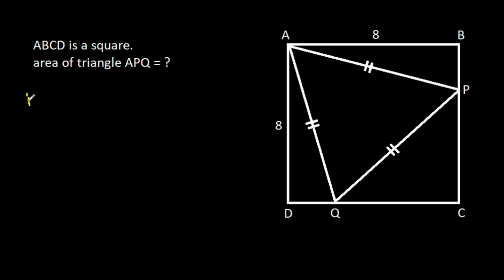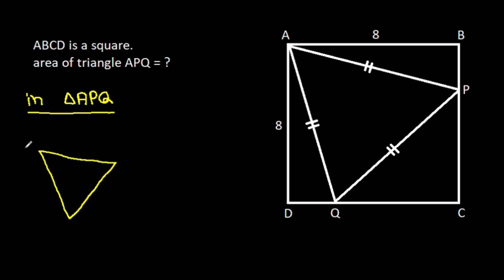So, in triangle APQ, it is A, P, Q. We have AP is equal to AQ is equal to PQ.